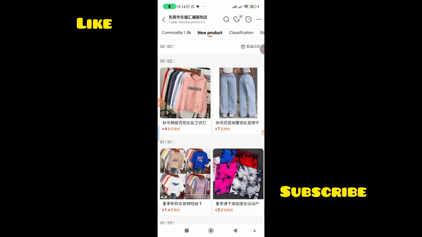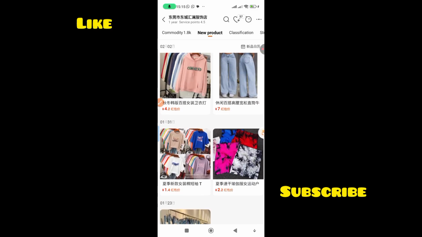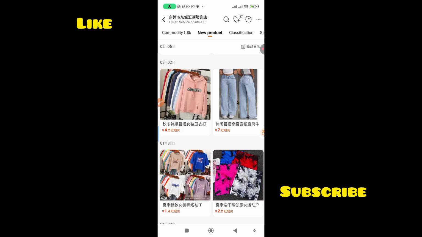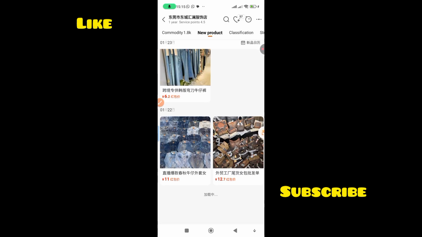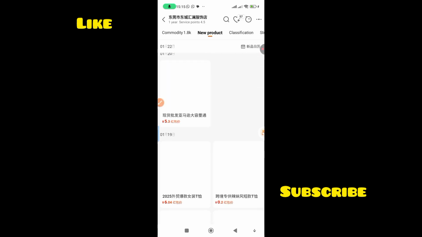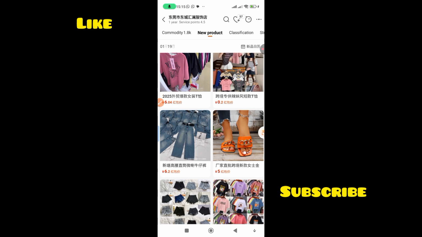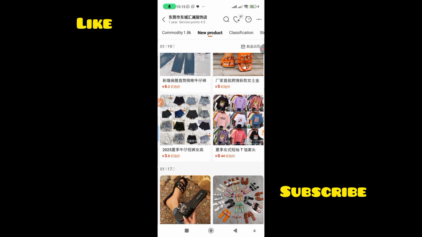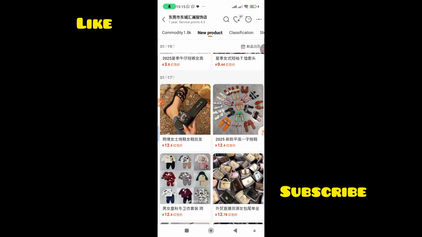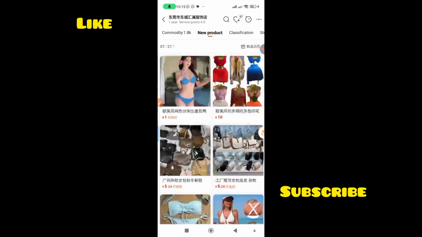He's selling a whole lot of other things. He's even into polos, t-shirts, and the rest of them. He's into bags. So these are the things you need to look at for you to know a real wholesaler or a supplier or a factory owner. They are always into one particular product.